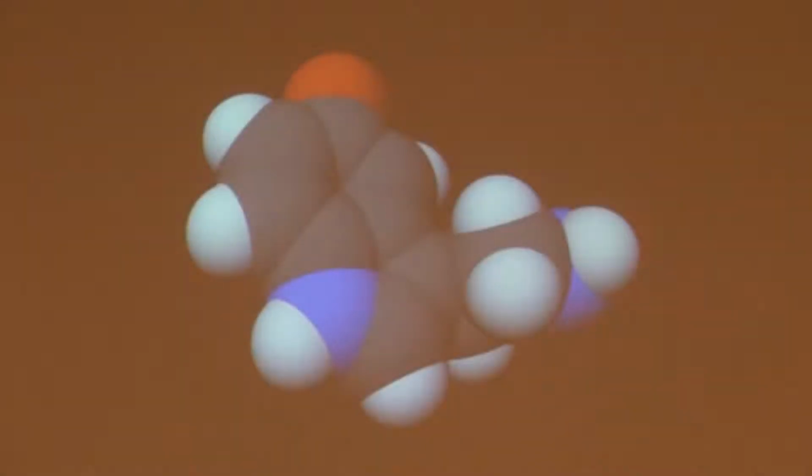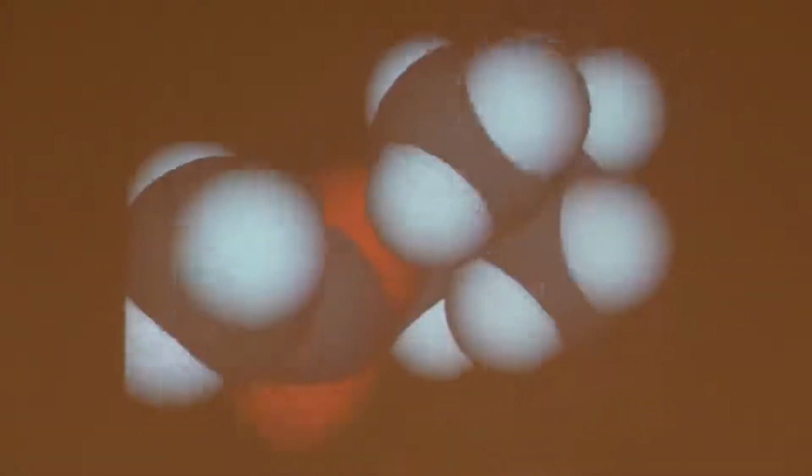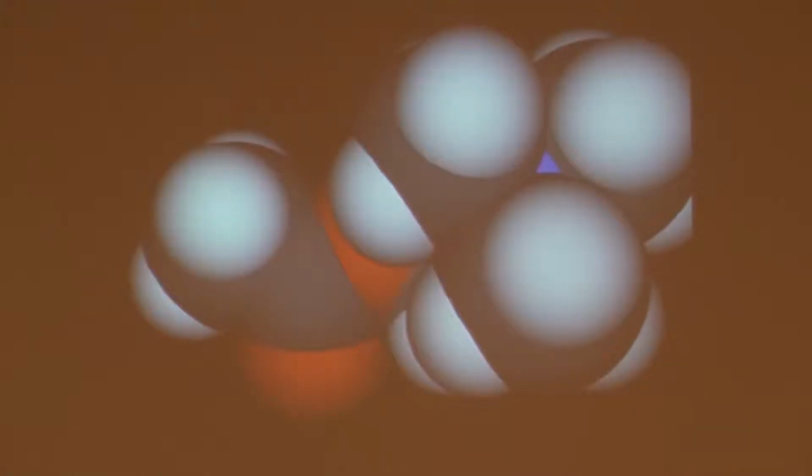So I think here you see how the neurotransmitters look. This one is, I think, serotonin. And here you see one where we can even rotate a little bit around. And this is, I think, acetylcholine. That's another one. And so you have quite a few of those guys there. Okay, good. So I think that's about it.